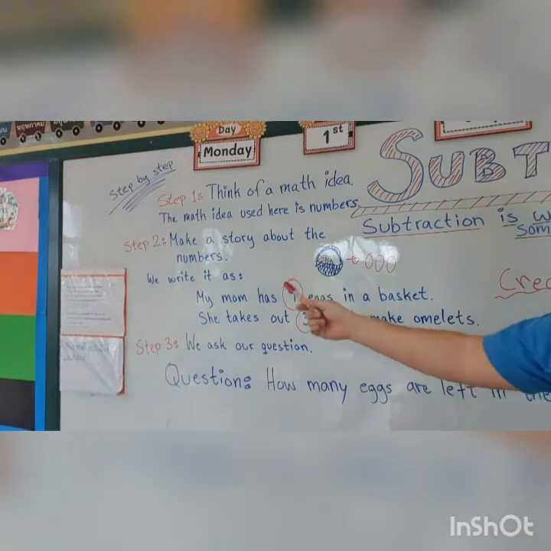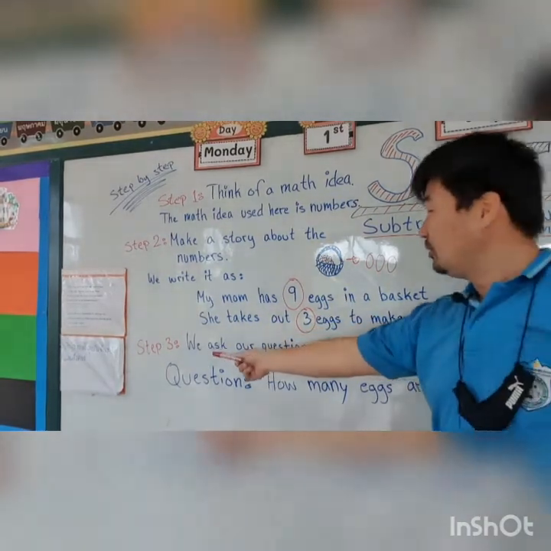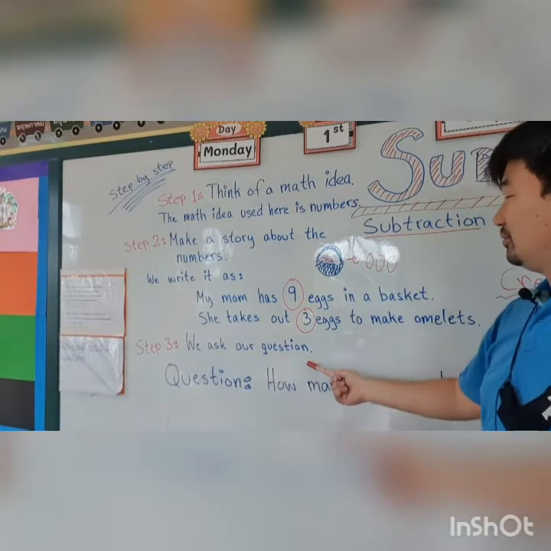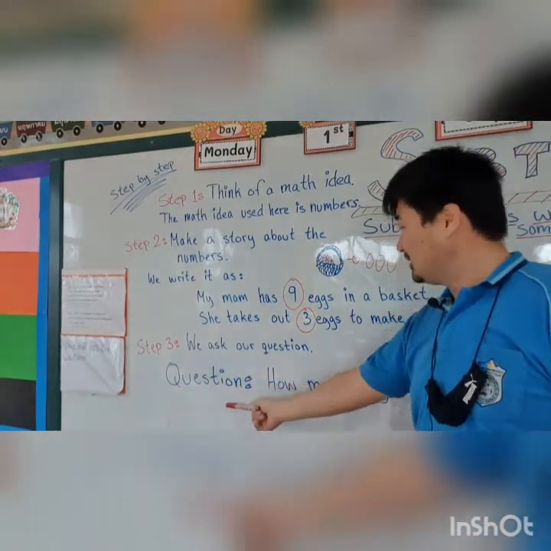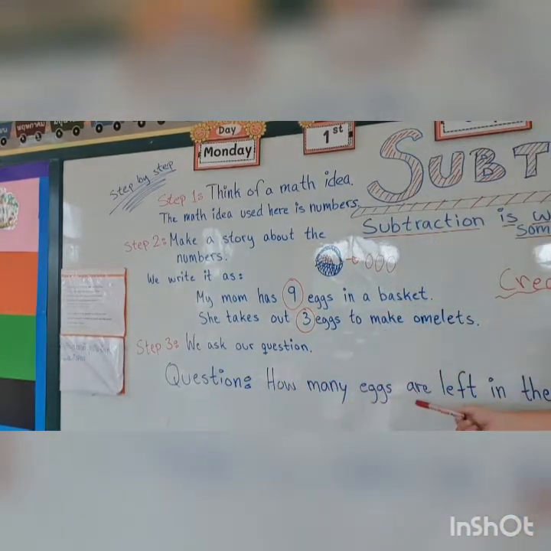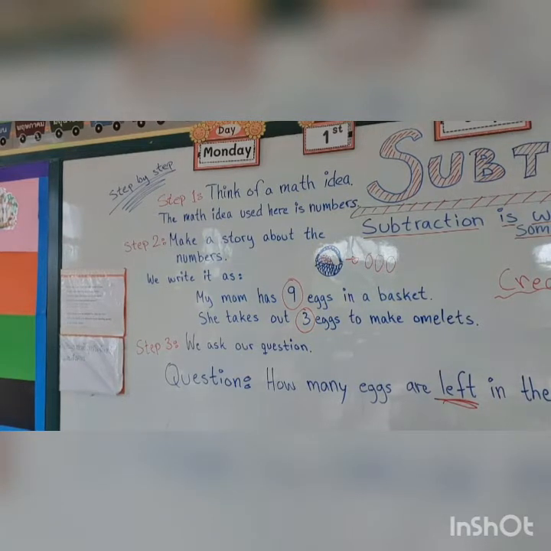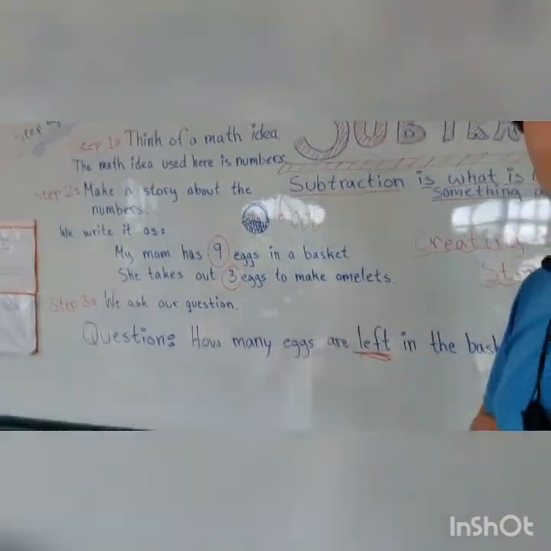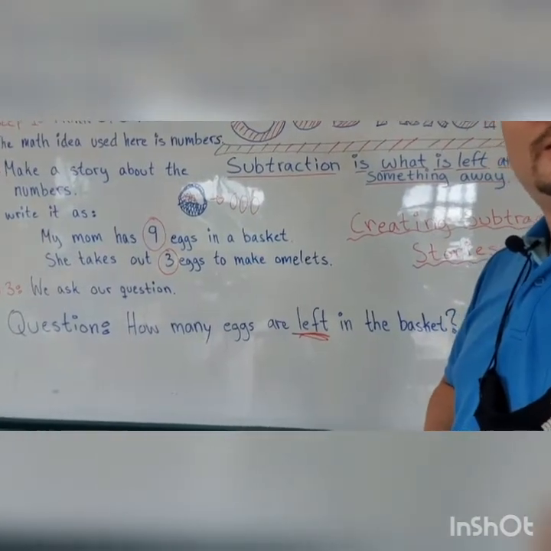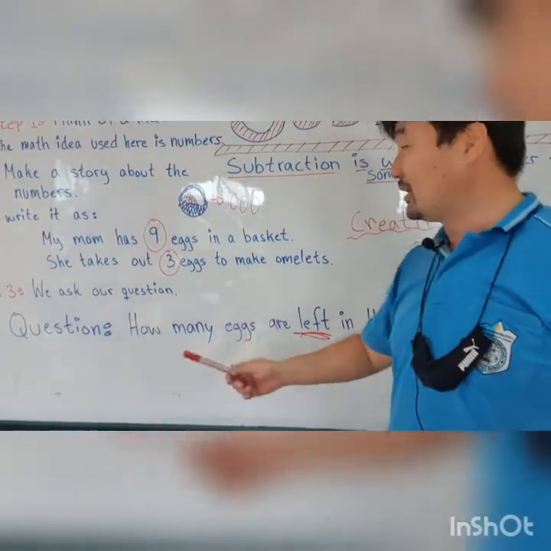Okay. Step number 3. We ask our question. And the question is, how many eggs are left in the basket? So you know we're dealing with subtraction because the key word is left. So one more time.